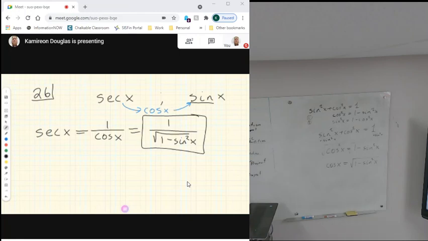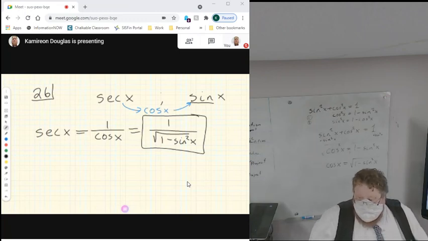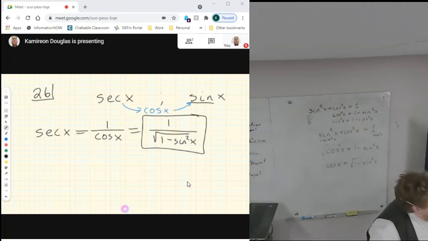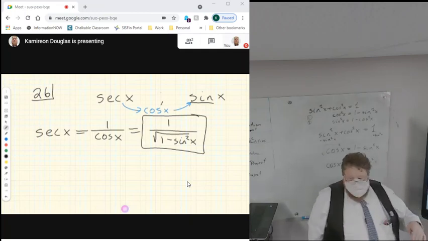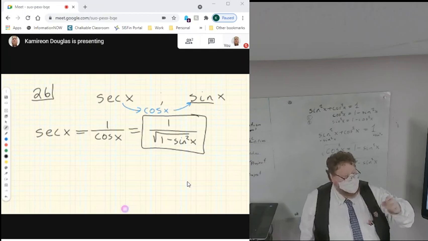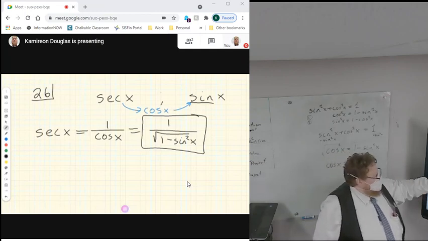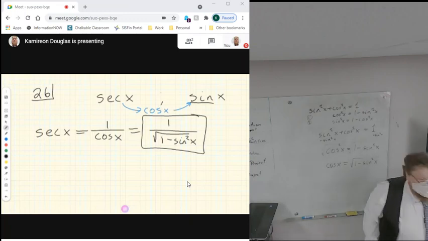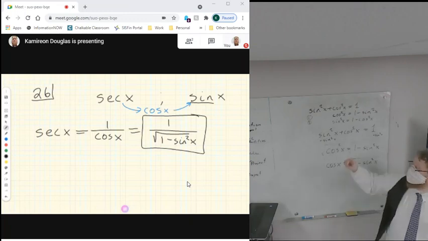One more time, because this is a very confusing process if you're not looking for it. I started the problem knowing I want to connect secant to sine. With those two pieces, I have to first find a way to connect them together, so I use cosine to do so. I take secant, turn it into cosine, but I can connect cosine to sine if I modify the formula.